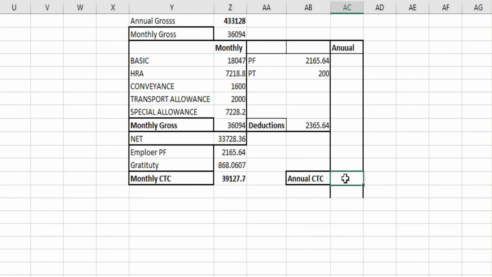And here we should calculate annual CTC. Basic into 12, that is 12 months, and the same for the rest.